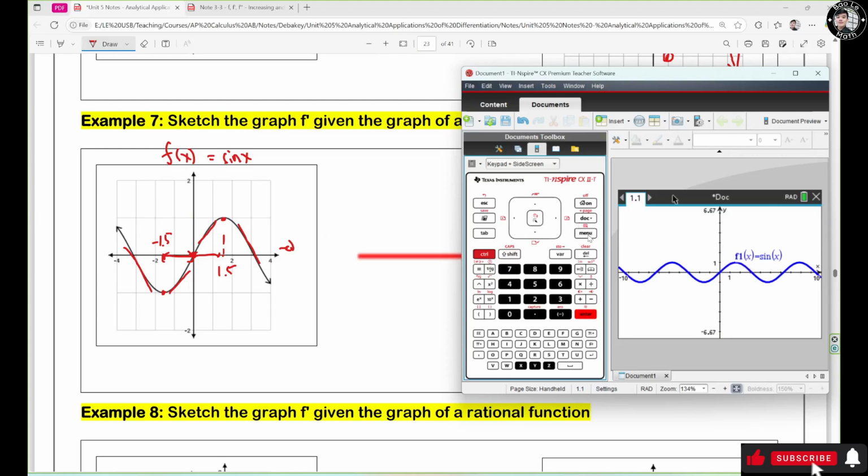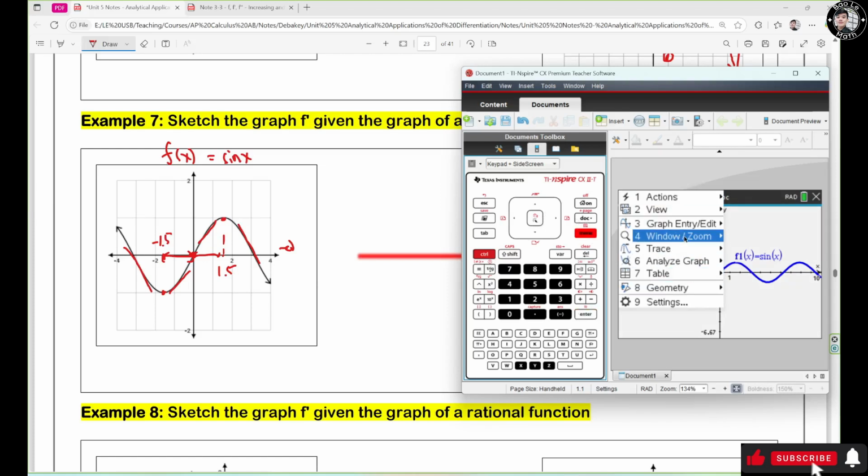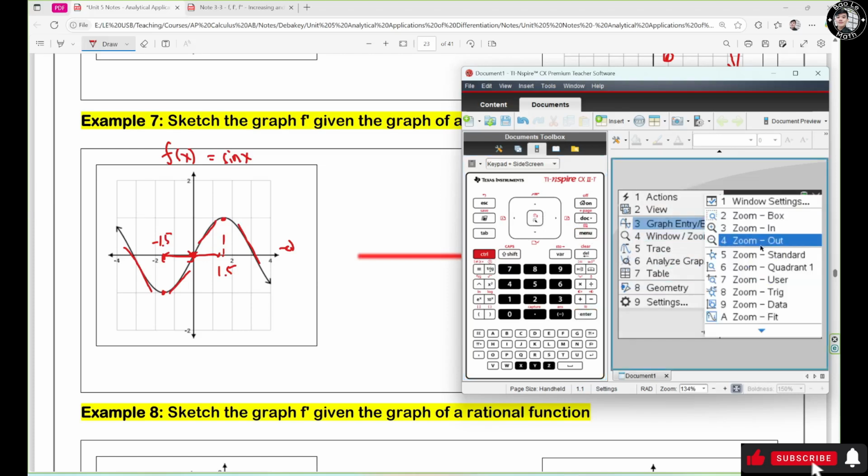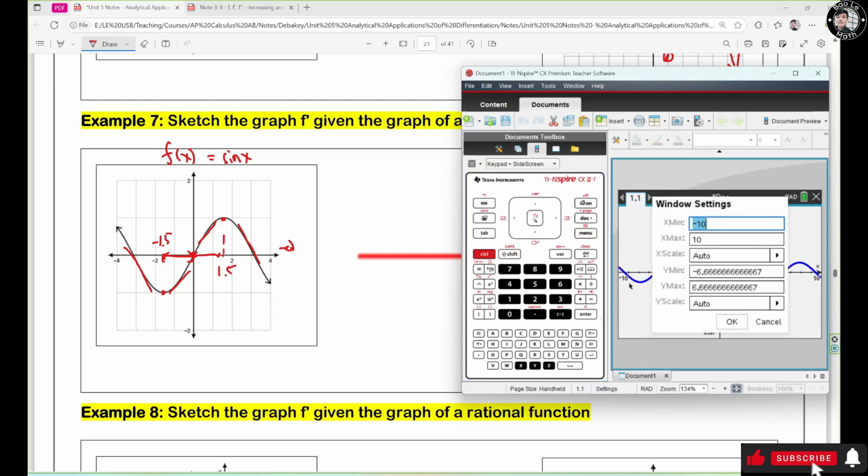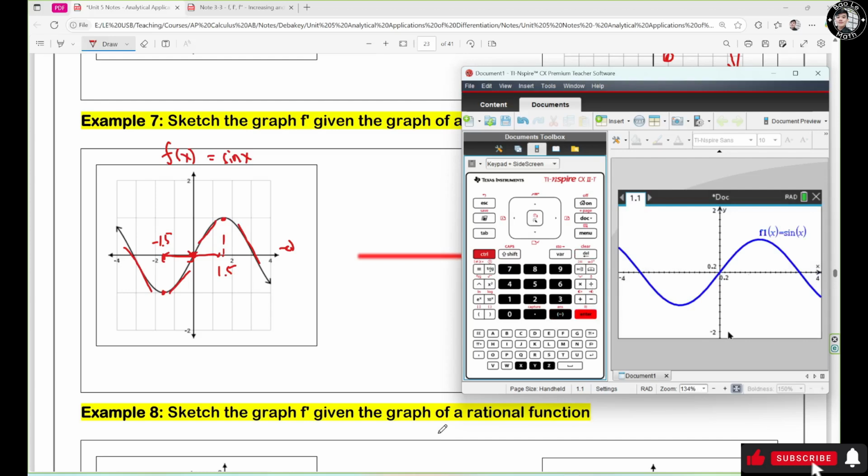So I'm gonna hit menu, window, zoom, and then window settings right here. So s min, I'm gonna put negative 4. S max, I'm gonna put 4. Y min should be negative 2, and Y max should be 2, right? Enter. It's gonna be something like this. All right.